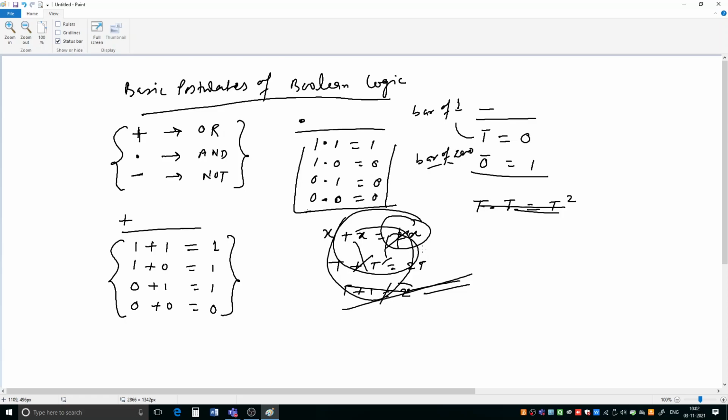Now what we can do is replace these Boolean values with variables.